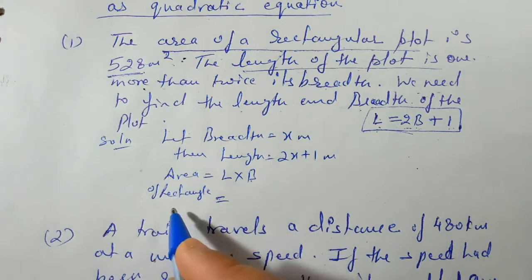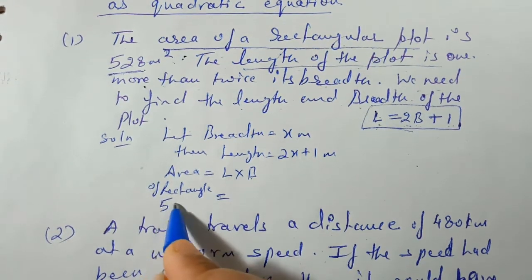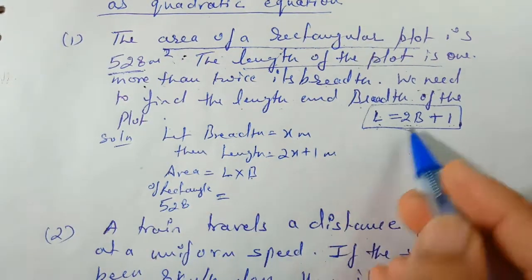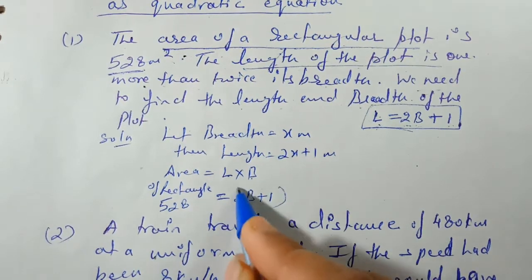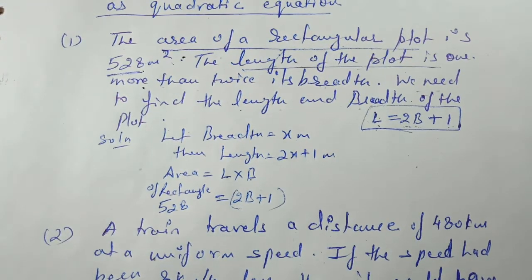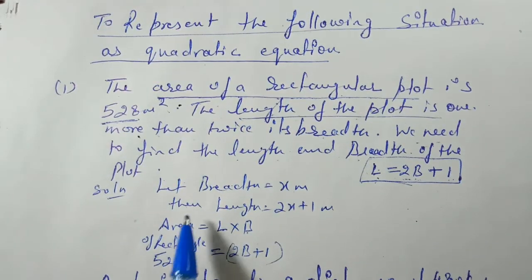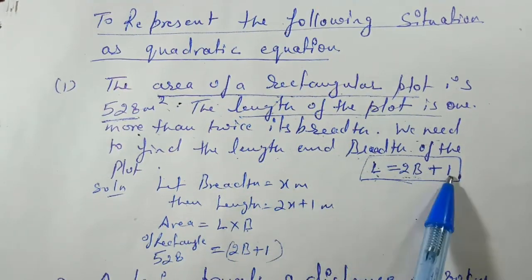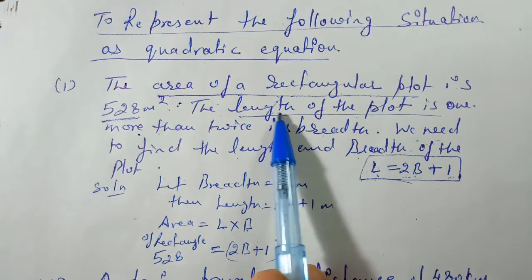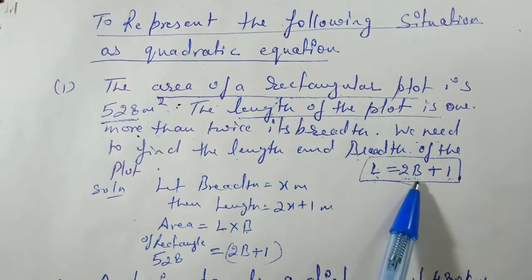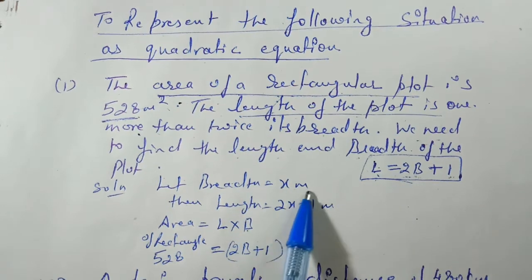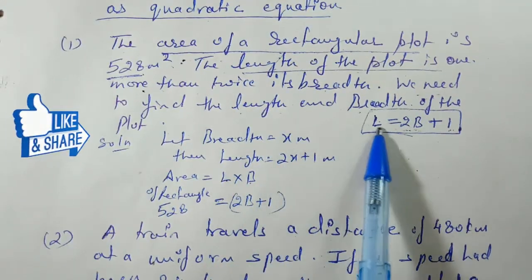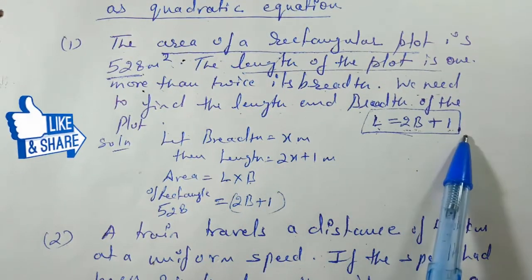The value of area is given, 528. Length is twice the breadth plus 1. Again, repeating: let breadth be x meter, then length will be 2x plus 1.